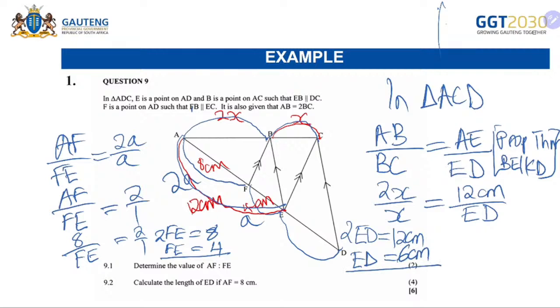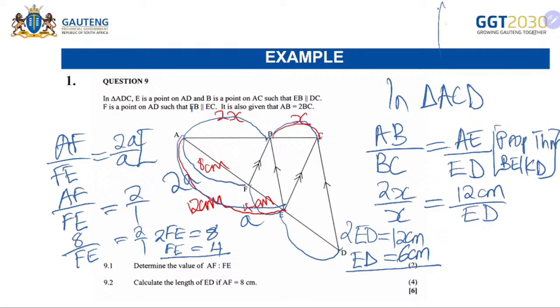So the mark allocation, you are able to see that for each statement and the reason, you must get a mark. Here on the first part, I had skipped the reason. I only wrote the statement, so the reason is the same.